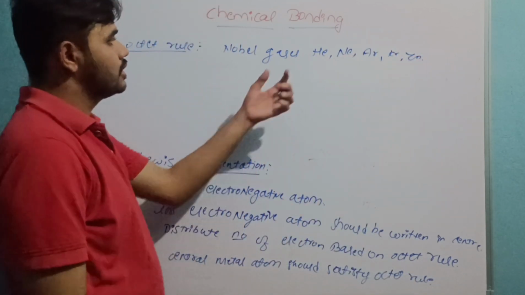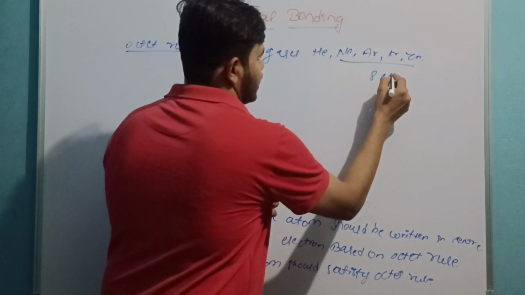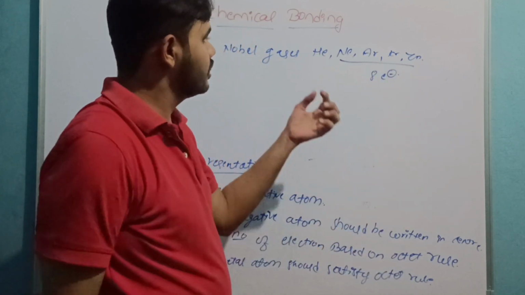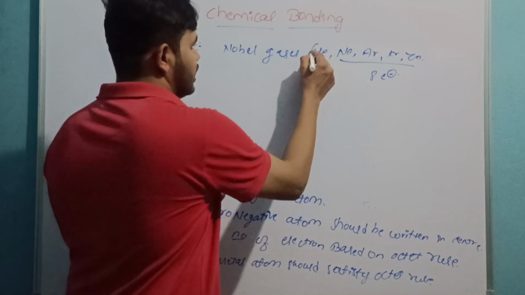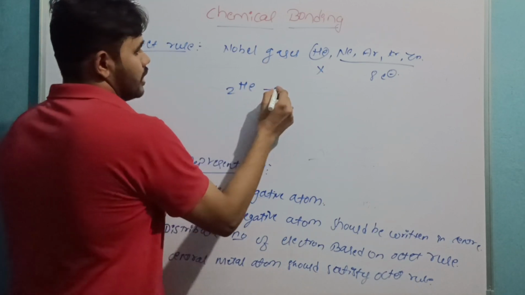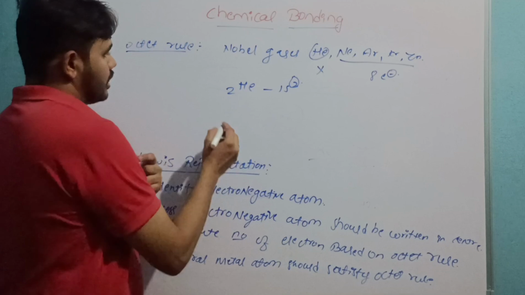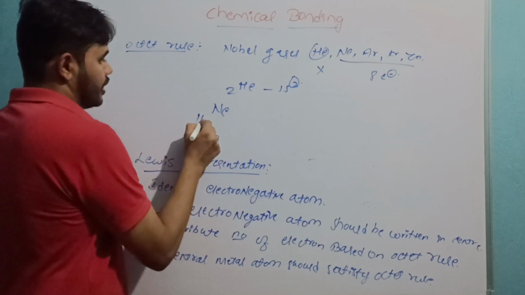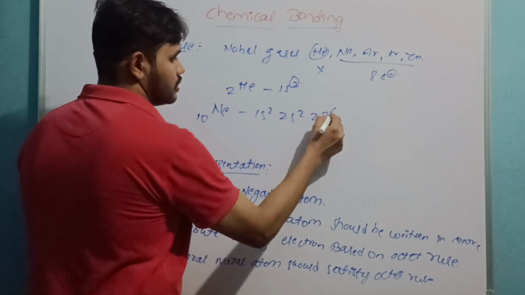Noble gases have 8 valence electrons in their electronic configuration, except helium. Helium has atomic number 2, electronic configuration 1s2. It has only 2 electrons. Coming to neon, atomic number 10, 1s2, 2s2, 2p6.